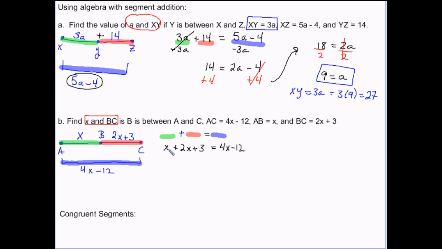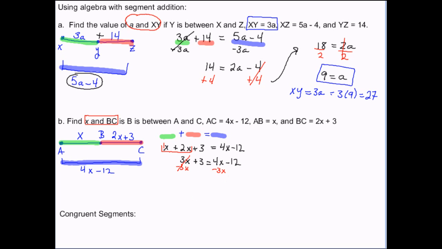On this side, I have multiple x's, so I need to add those together. And you'll remember if there's nothing there, it's an invisible 1. So 1 and 2 is 3x plus 3 is equal to 4x minus 12. I'm going to subtract 3x from both sides.